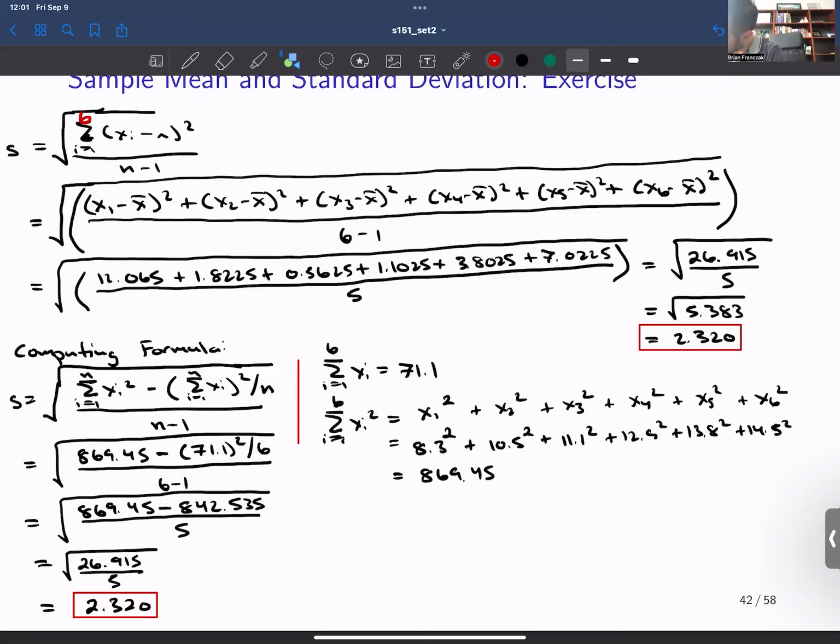Now, we've talked about the definition of the mean in previous illustrations. So we know that the sample mean is simply telling us that the average girth of black cherry trees is equal to 11.85 centimeters, right?